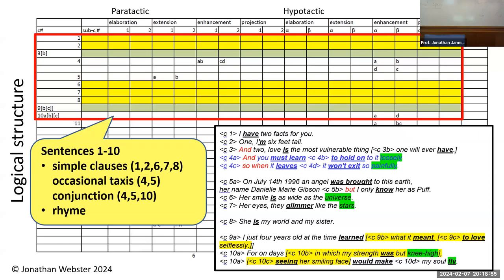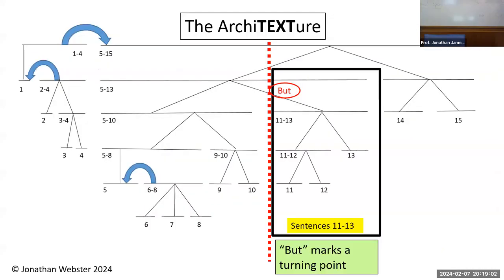So this block seems to have a certain consistency about it. But though, marks a turning point. Now the but here is marking a turning point between 1 through 10 and what follows, 11 through 15. It isn't just between the clauses. It is between these two blocks of text.